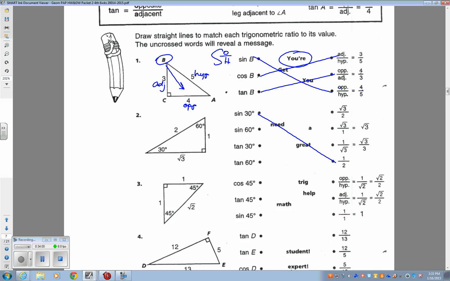Sine of 60 would be the square root of 3 over 2. You still have to match them up. Just make sure they're matched right.